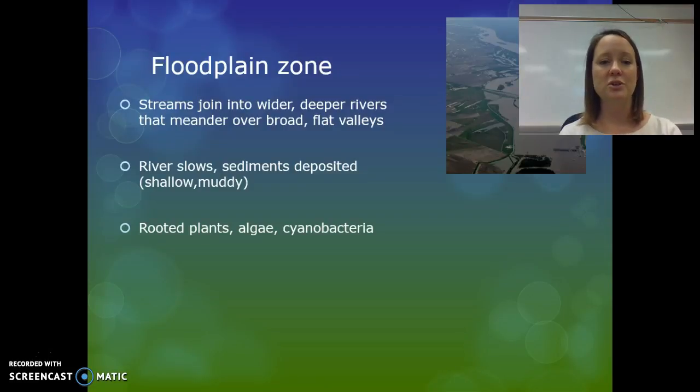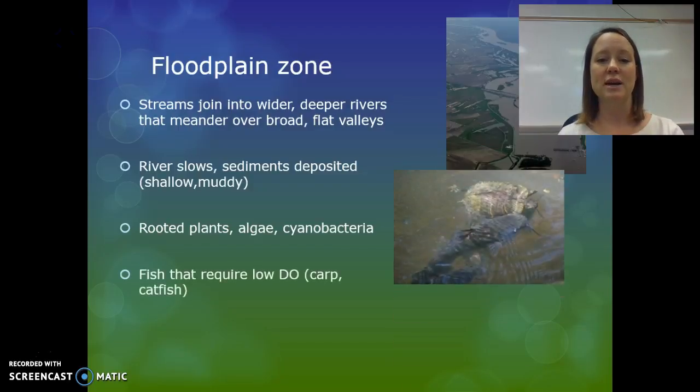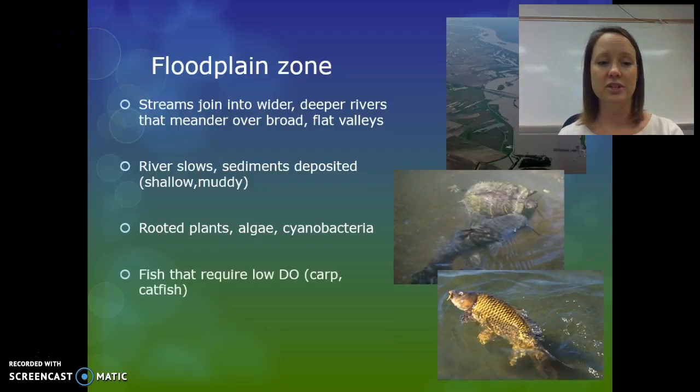Because they're shallow and slow-moving, we start to see rooted plants. We also depend on algae and cyanobacteria for oxygen. There is still low dissolved oxygen because it's very slow-moving and muddy, so the type of fish that live there, like carp or catfish, can survive in the muddy, low dissolved oxygen levels.